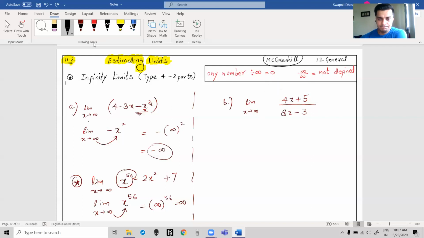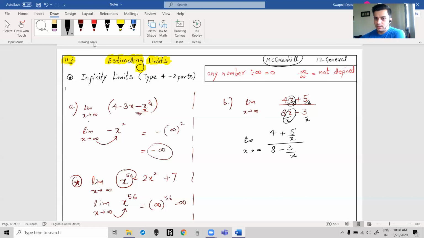Step 1, always, no matter if the degrees are square or something, you just divide every term by x. Divide by x, divide by x. Now why do we do that? Because doing that, I can cancel this out. It will become 1. This will become 1. So I'm going to get 4 plus 5 by x divided by 8 minus 3 by x, and the limit x tends to infinity.